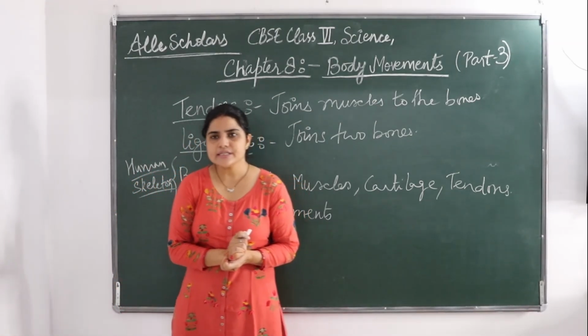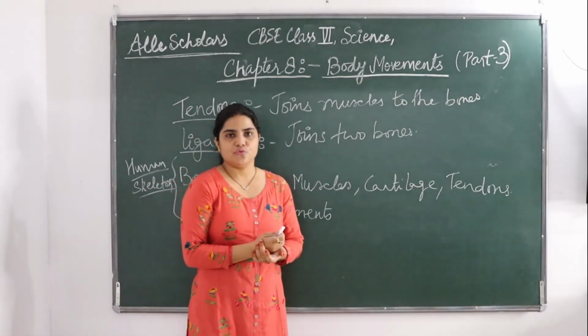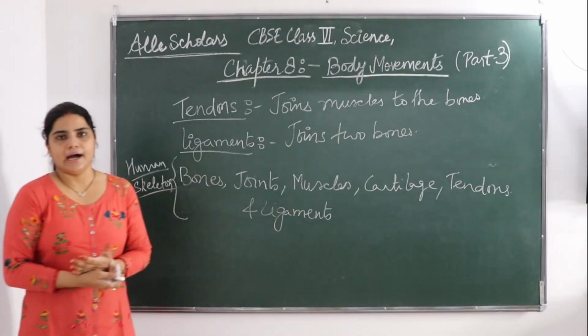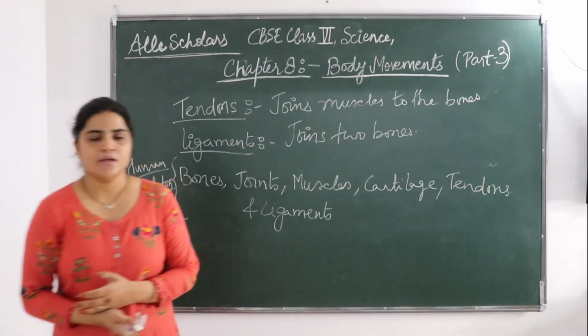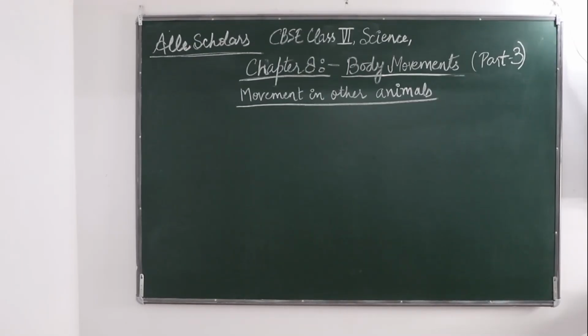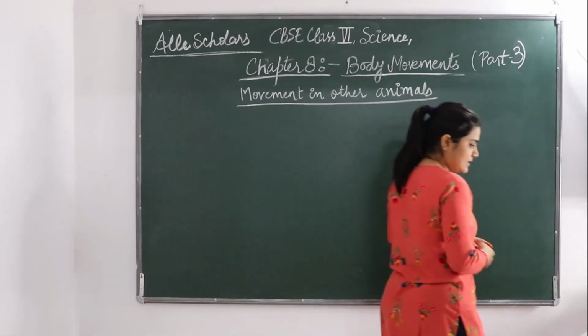Now the question is how do different animals move? So now we are going to see the movement in different animals. We have already discussed the movement in human beings.